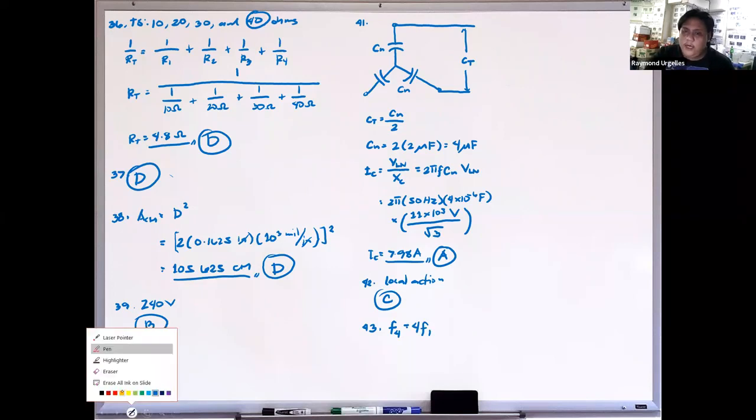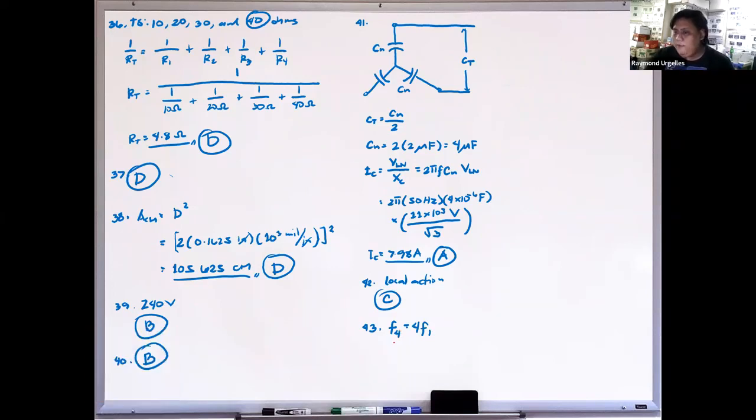Whatever harmonic it is, that is what we multiply to our fundamental frequency. When we say fundamental, basically this is our operating frequency. So in our problem, the given 800 kilohertz is what we assume as the fundamental. So this will be given by 4 multiplied by 800 kilohertz.